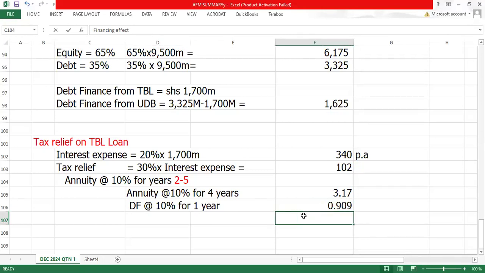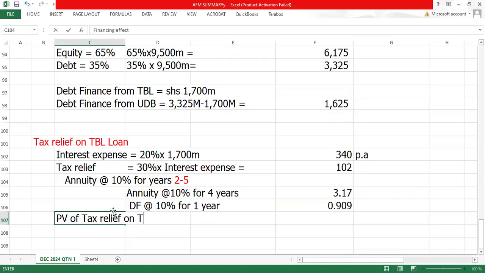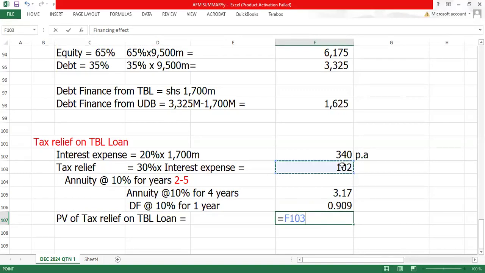Okay. So finally, when you're getting the PV of tax relief on your TBL loan, you simply multiply. Get this times this, simply multiply, and get the answer.